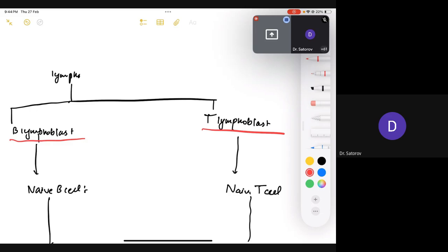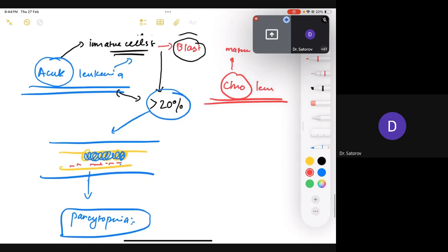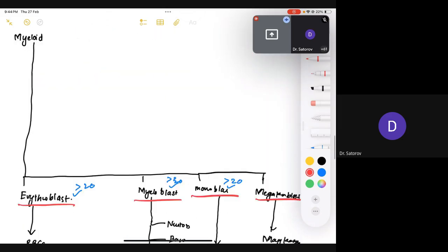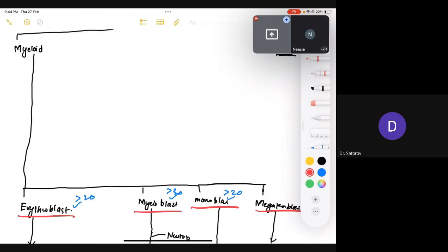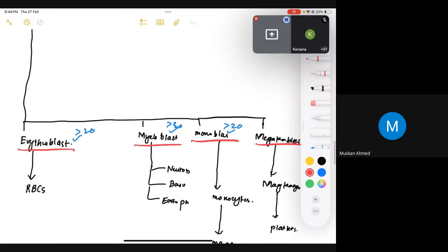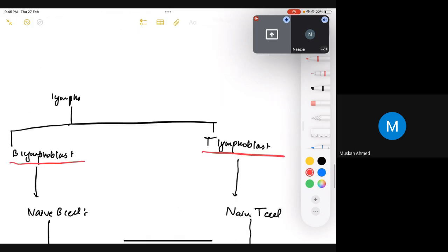Okay, so let's be a little bit specific. We discuss a generalized concept whenever we have increased blasts, but we know that blasts can be of either myeloid lineage or lymphoid lineage, right? Like we can have acute leukemia of these blasts, acute leukemia of this blast, and acute leukemia of the T cells.